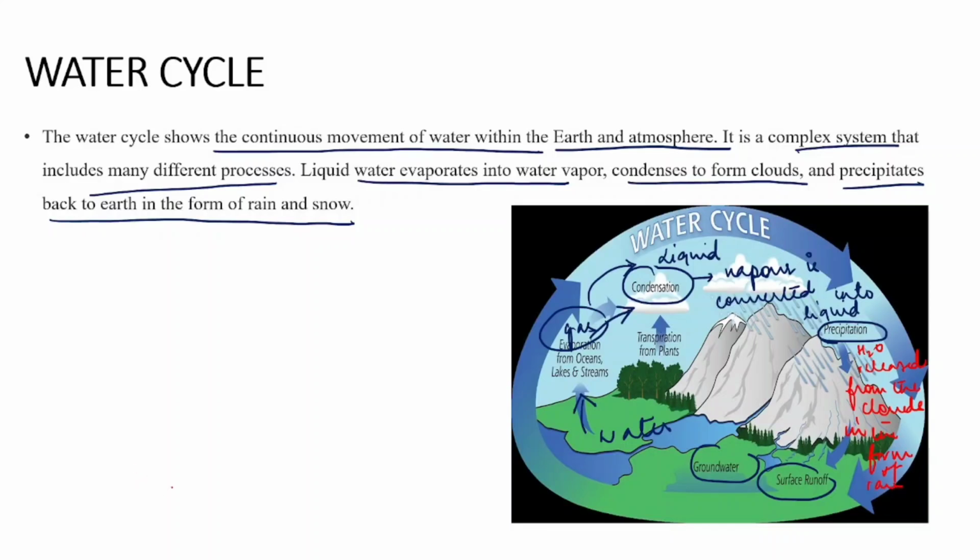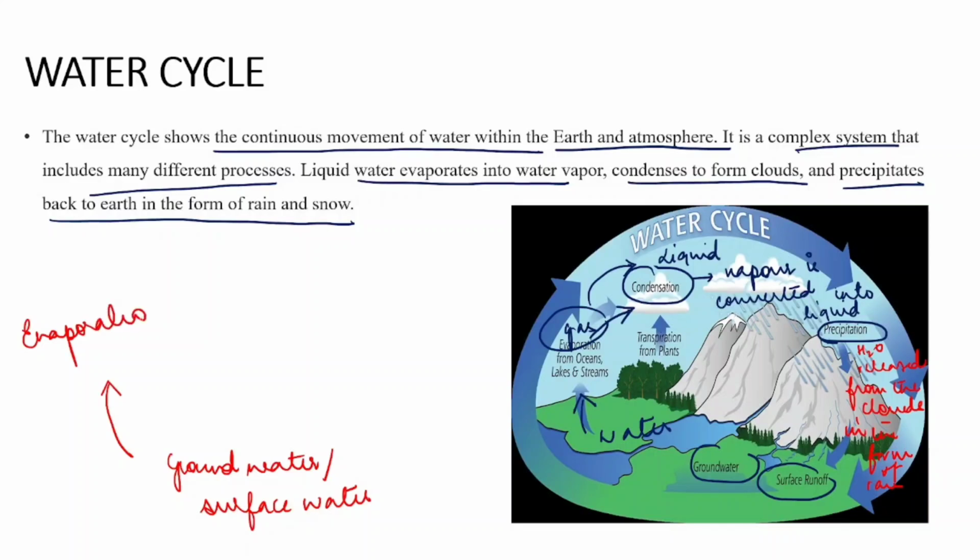Right? So what we have seen, this is groundwater. What is water cycling? Groundwater or any kind of surface water, what will happen? They will evaporate. Evaporation. Also there is a loss of water from plants in the form of vapor, and that is what we call transpiration.